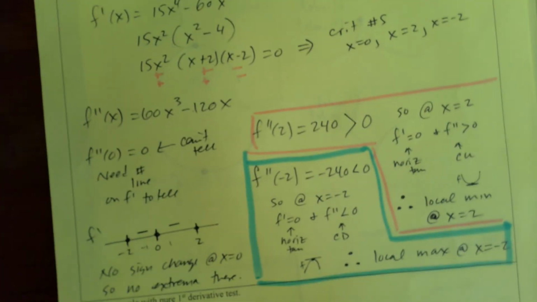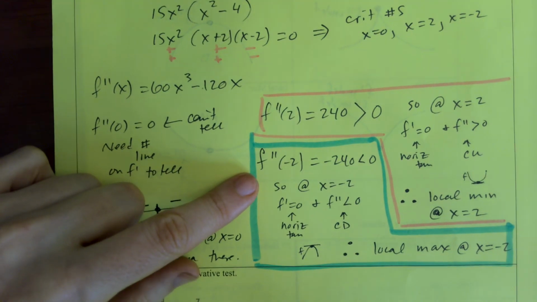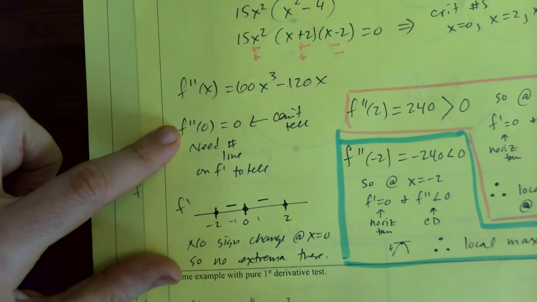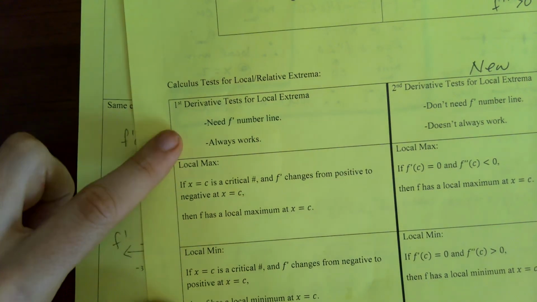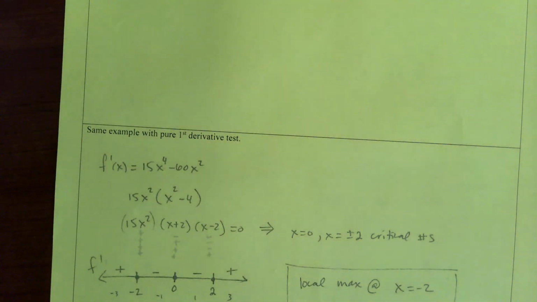So just to summarize, I did the second derivative test for these ones that it would work for, and then this one it wouldn't work for, so I had to go back and try these first derivative tests where I'm looking for a sign change on the number line. Okay, so there's 3 examples to do.